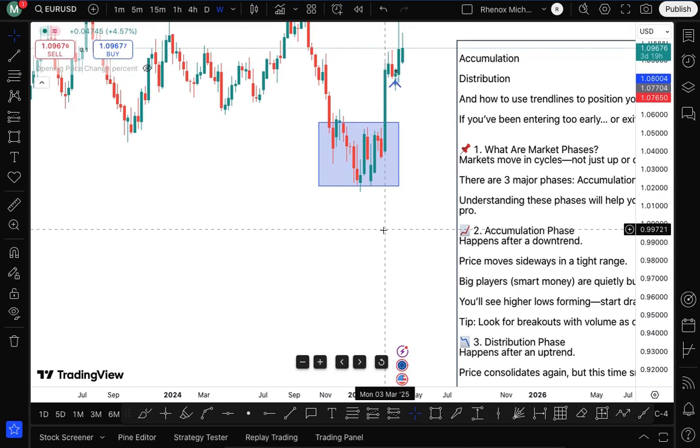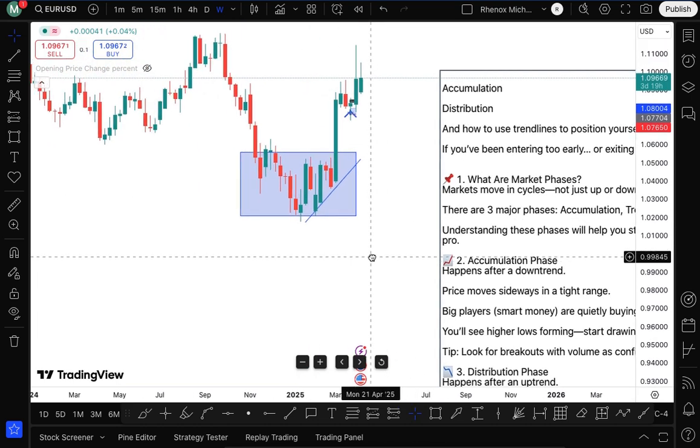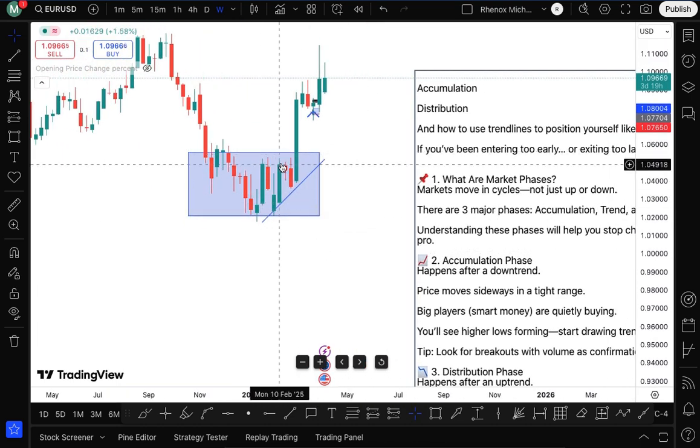That is, you could draw your trend line. Probably you move down to the lower time frame, draw your trend line so you don't miss this move, because most times price keeps respecting the trend line before the breakout.